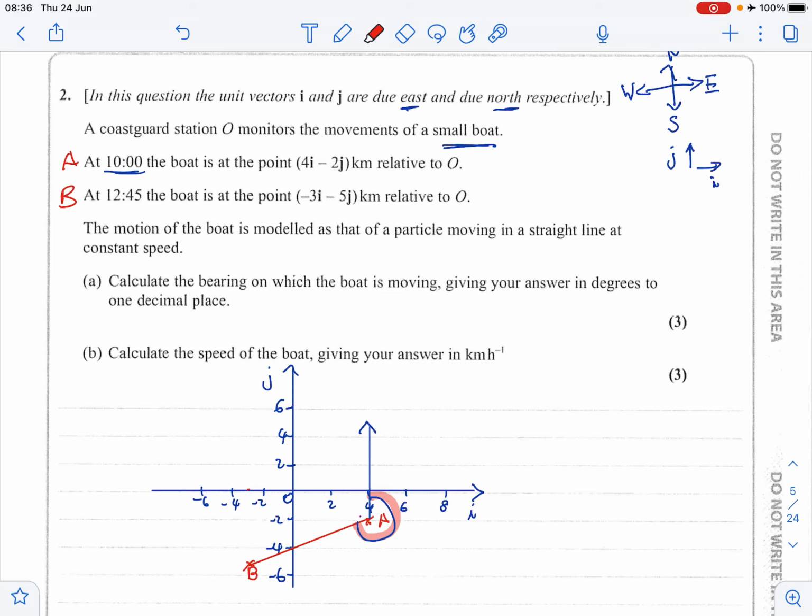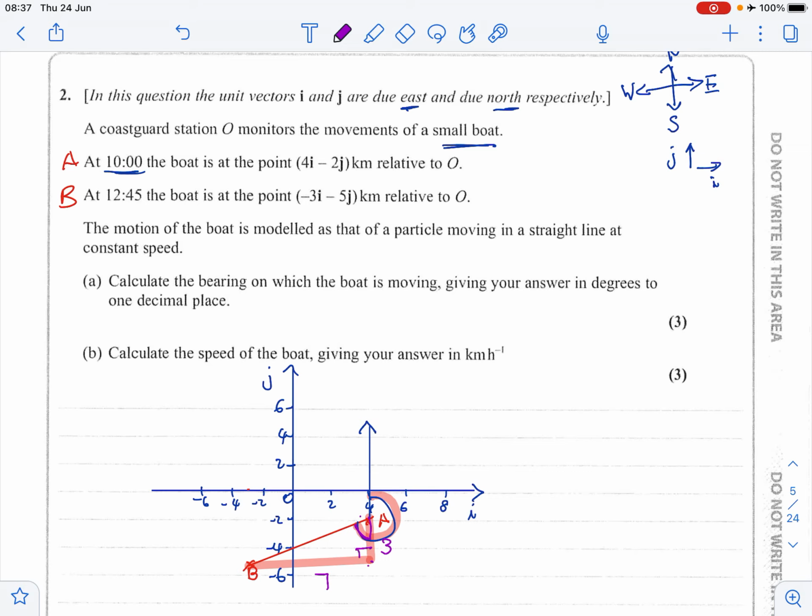So we can split the angles into a triangle. The distance is 3 units down, and this is 7 units across. From minus 2 to minus 5, we have 3 units, and from 4 to minus 3 is 7 units. So we can work out this small angle here.